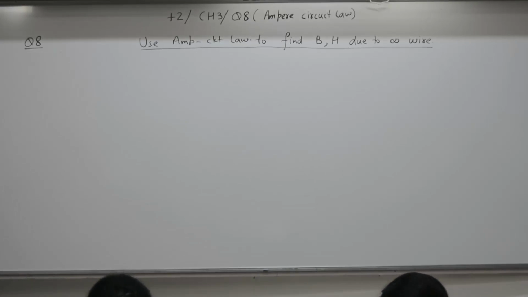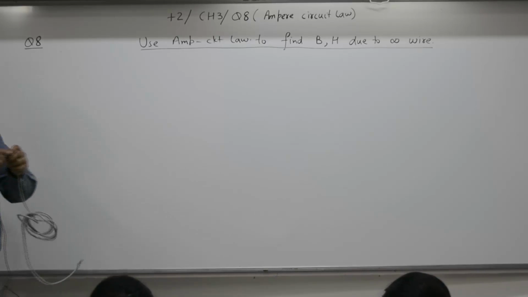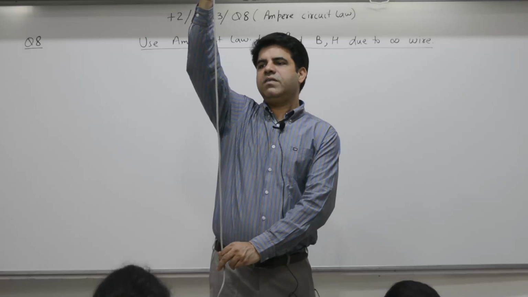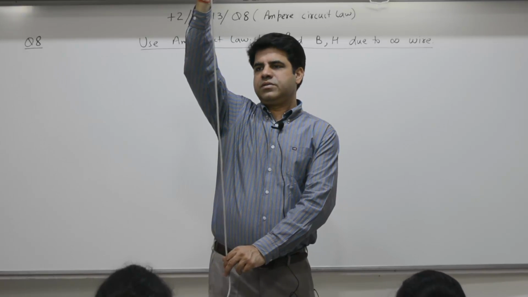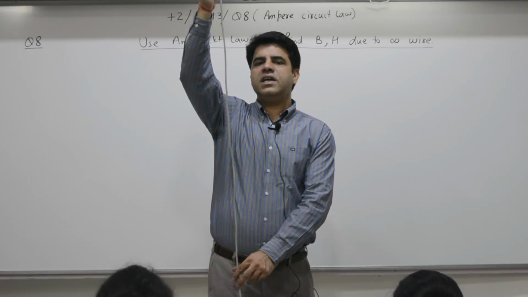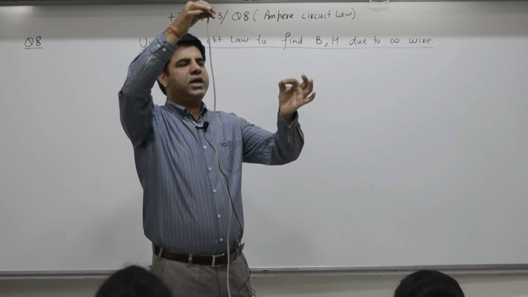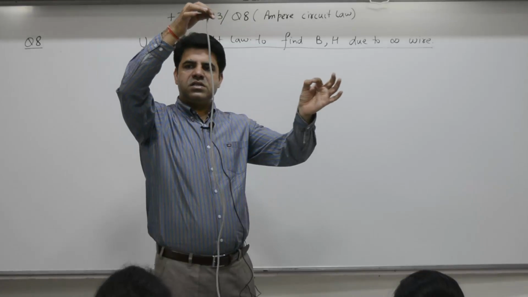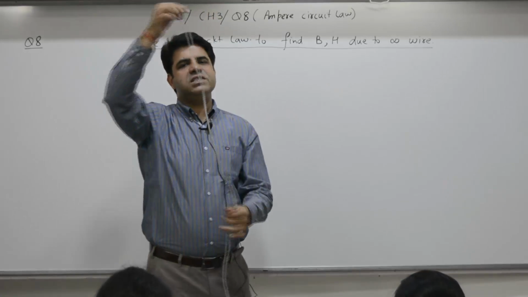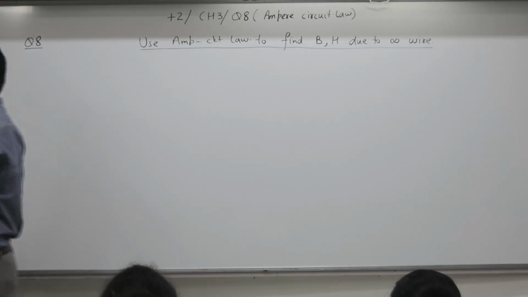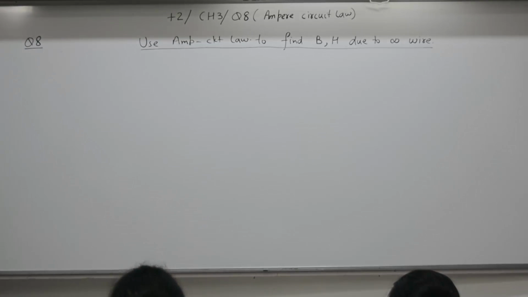Again, what you have covered is a wire. This is how we started. A wire of infinite length. If it carries current, find magnetic field at any point P at a certain distance from the wire. What was the answer? B is equal to mu naught I by 2 pi r.